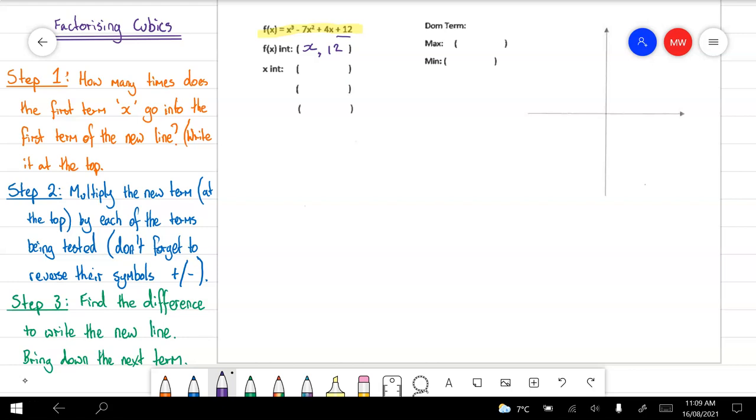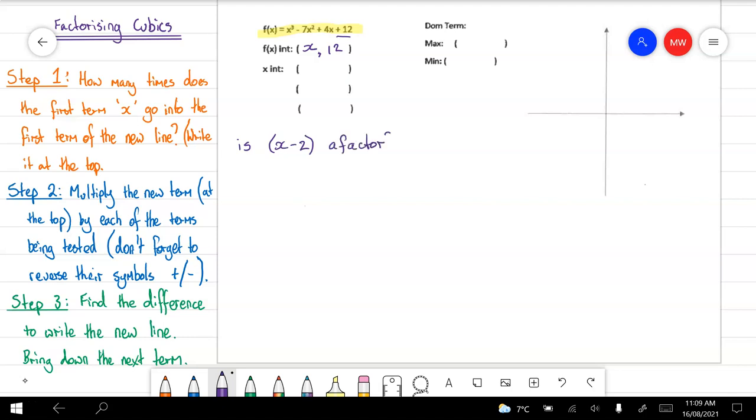Remember that if you attempt to put a factor in using long division and you get a remainder, then what you have found is that it's not a factor. So I'm going to test, oops, it's a funny trapezium that's popped up, is x minus 2 a factor?